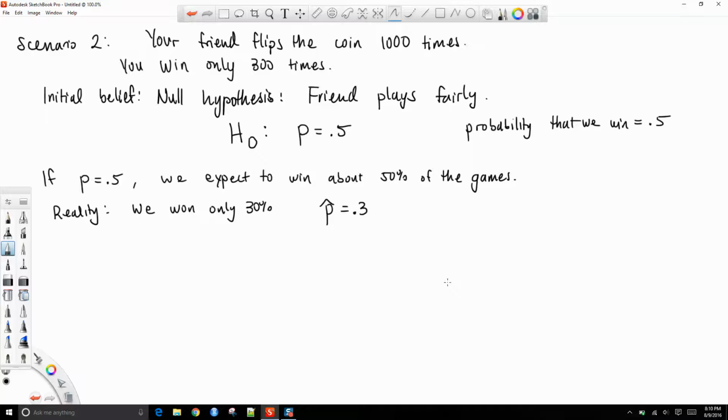And this time, the big difference here is that we've played 1,000 games now. And so we can ask, well, what is the probability? If we play 1,000 games, is it possible that from random chance, like if I were to flip a coin 1,000 times, it lands heads only 300 times out of 1,000?